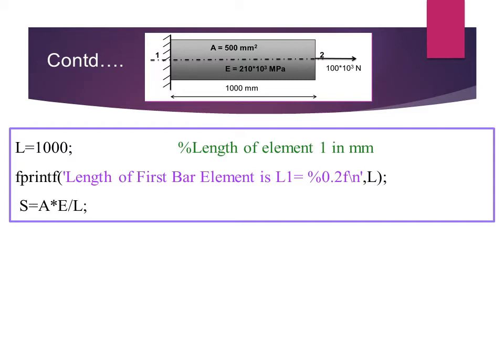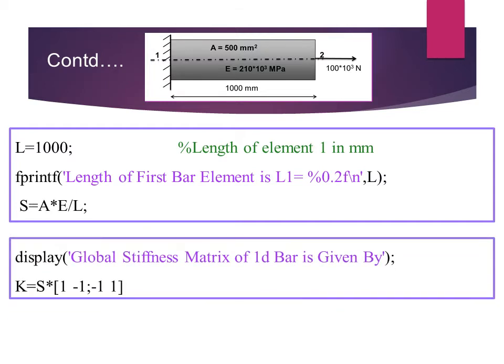Now our elemental stiffness matrix equation is K1 is equal to A into E upon L times 1 minus 1, minus 1 1, and for that I am taking a variable S is equal to A into E upon L. Next is K, the stiffness matrix, and in the MATLAB program also I am going to consider one element to solve this numerical.